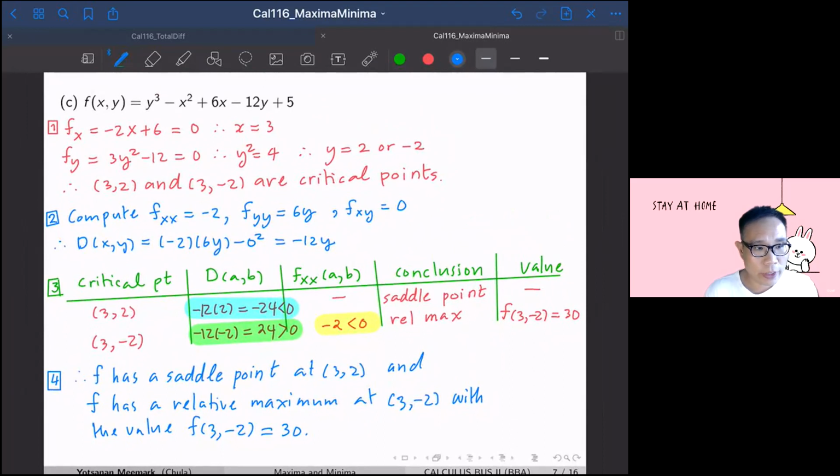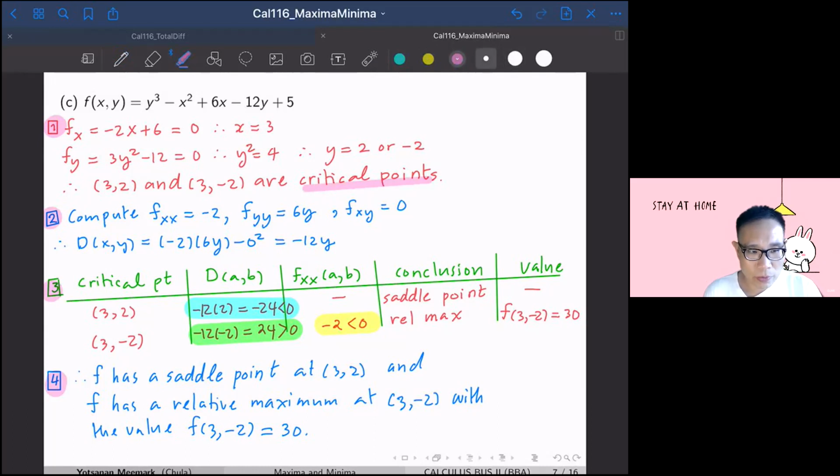So you see that it's 4 steps: 1, 2, 3, 4. The first step is finding the critical points. The second step is computing D, using the second derivatives. In the third step, you draw a table like this one to determine whether the critical points from the first step turn out to be a saddle point, relative maximum, or relative minimum.